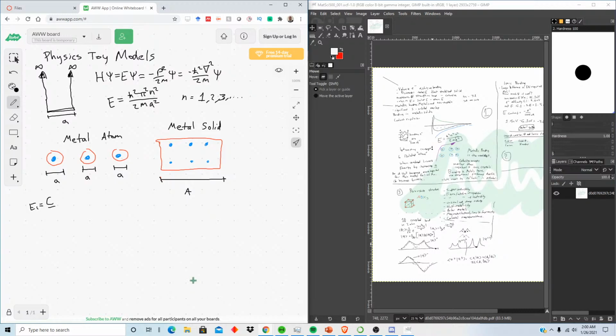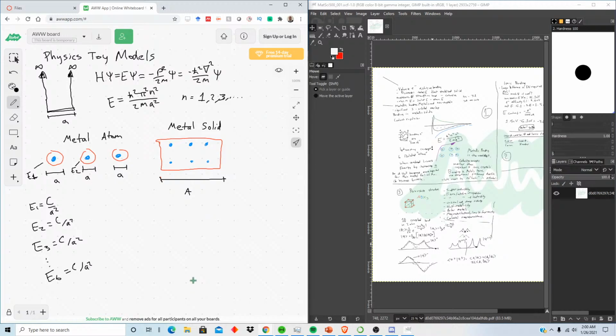So C over A squared, right? We'll say this is E1, E2, and so on, right? Constant over A squared, constant 3 over A squared. And if we had, just say, 6 more, it'd be the same thing.